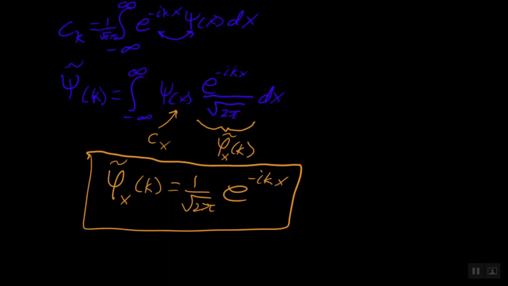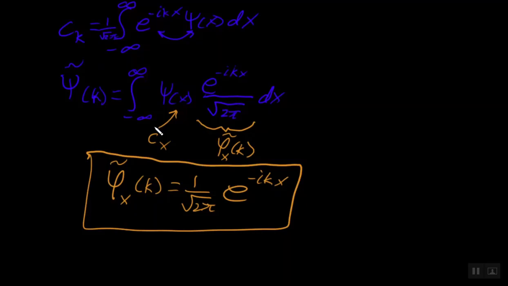So this is pretty cool, right? Just using the logic with Fourier transformations, or the logic with this inner product and the wave function in momentum space, we're able to figure out the wave function in momentum space with a definite value of position.